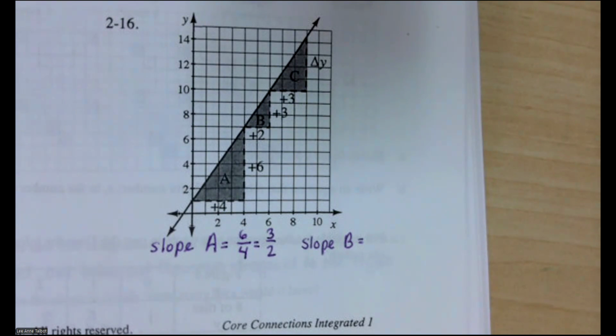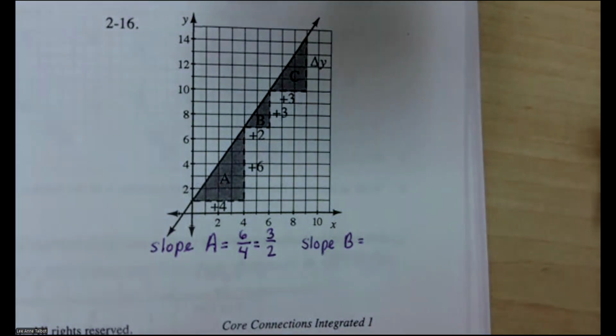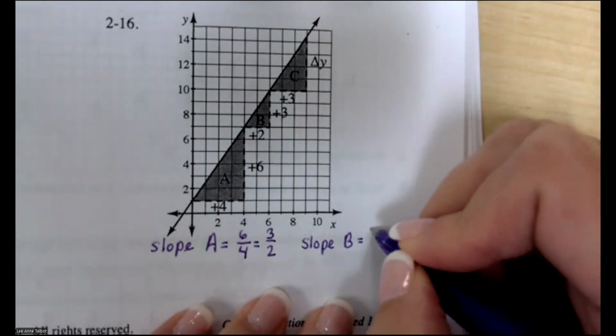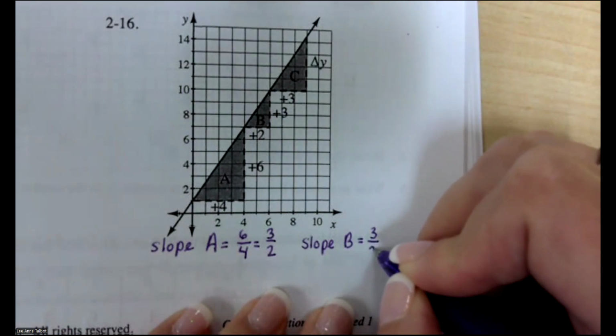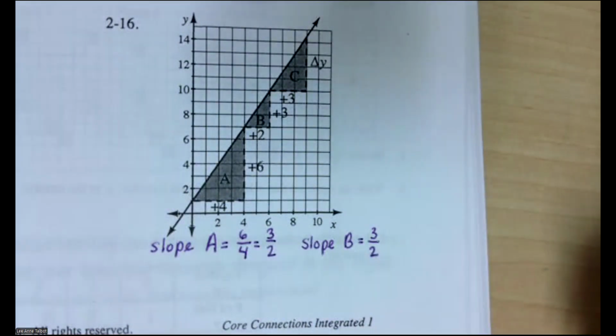Now look at the little triangle B. What is the rise? What is the run? 2. That can't be reduced. That's done.